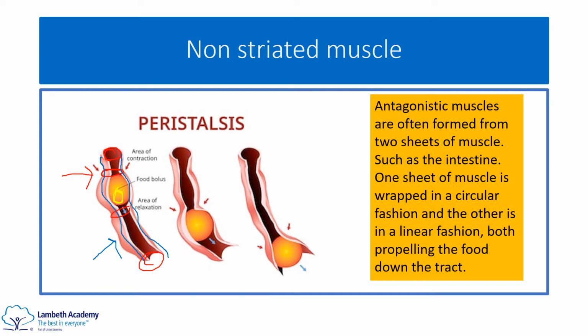If we take a look at the second image here, we can see how that's coming into action there. As one muscle contracts, the other one relaxes, and that forces the food to go down. So this whole process is called peristalsis, and that is when the digestive system or one of the food tubes contracts and relaxes, and it forces the food to go down.